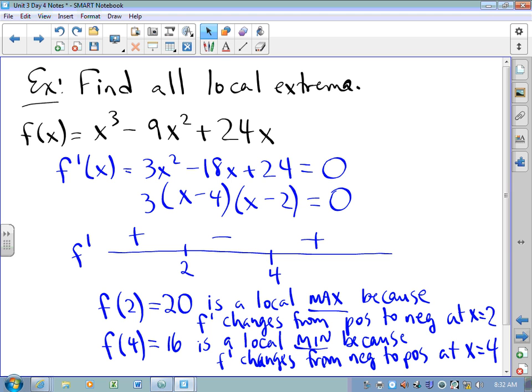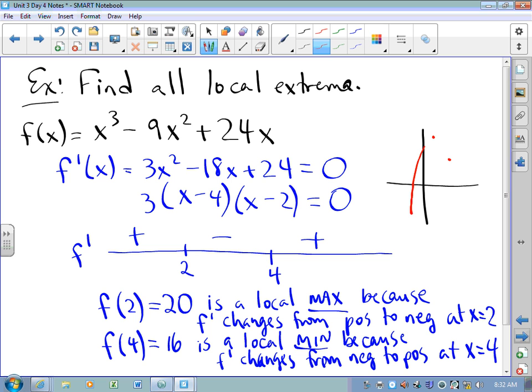We should ask the question, are either of those absolute extrema? And so you know from your work, what have I got? I've got that f of 2 is 20, f of 4 is 16. I'm increasing, decreasing, increasing. Neither of those is an absolute extremum, not at all.